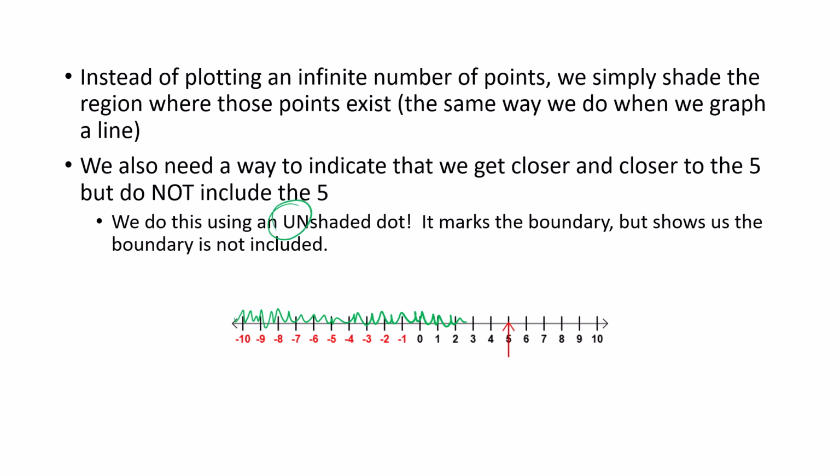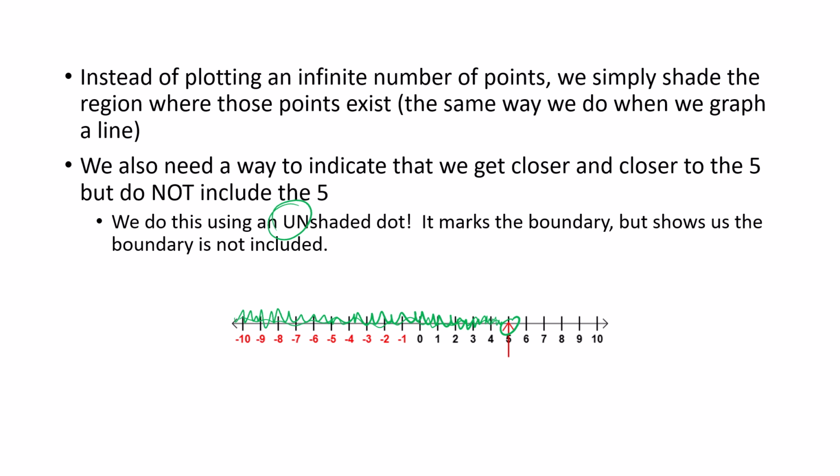It marks the boundary, but shows us that the boundary is not included. So the 5 represents this boundary, but the 5 itself is not a solution. So remember that we shade solutions. What we do is put a dot there and we don't shade it. Our shading is going to go right up to the dot, but it's not going to include the dot. And that's our way of marking the boundary without including it.